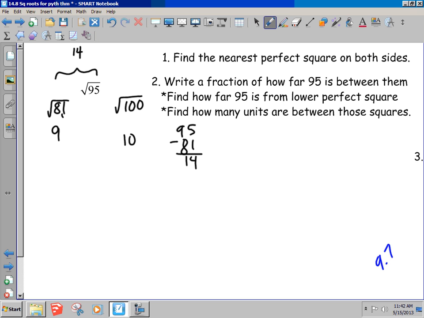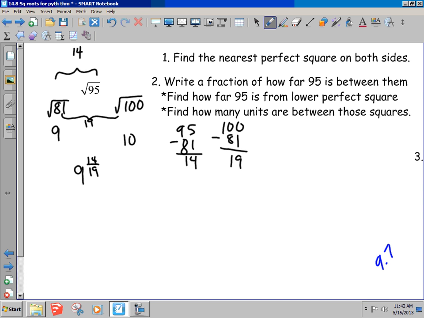Out of altogether, how many units apart are 81 and 100? Brian? 19. 19. If you didn't know that, you just go over there and you do the subtraction. And you find out altogether, there's 19 units between those. So we can say that the square root of 95 is 9 and 14 19ths. 14 19ths of the way between 81 and 100.